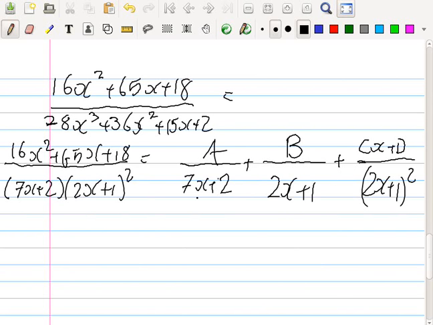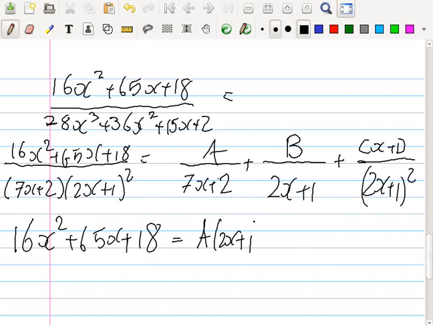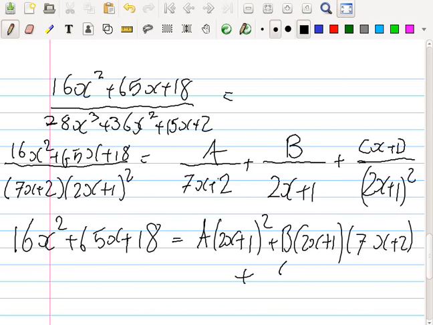So we use our trick again. A(2x plus 1) squared plus B(2x plus 1)(7x plus 2) plus (Cx plus D)(7x plus 2).